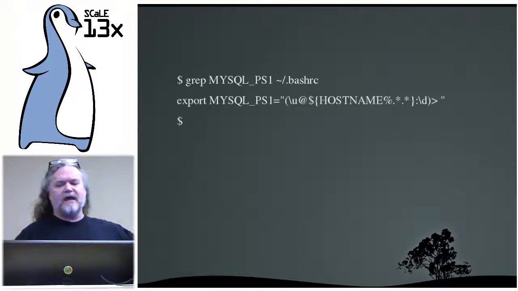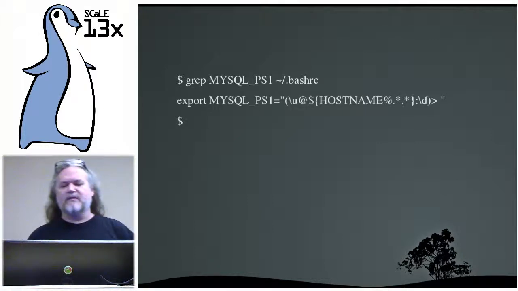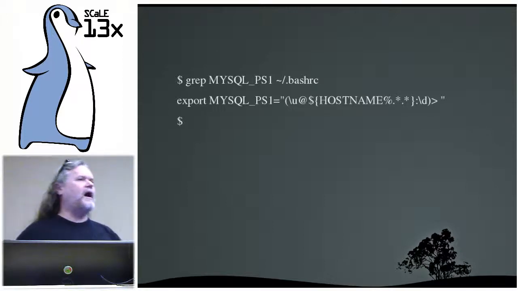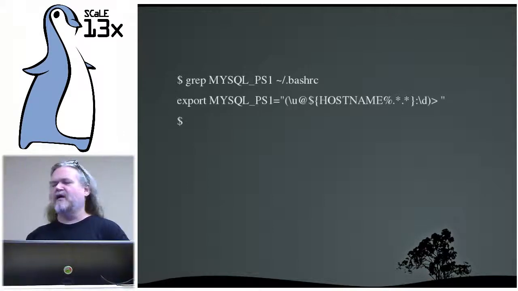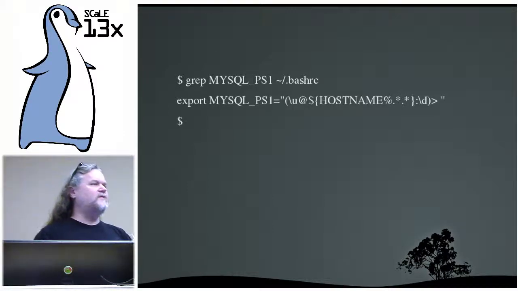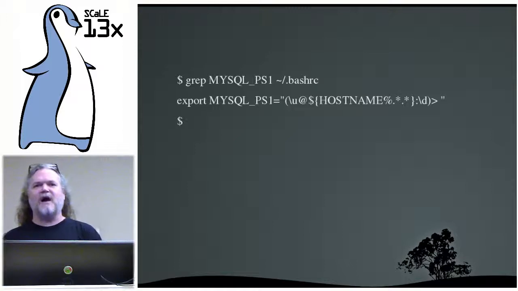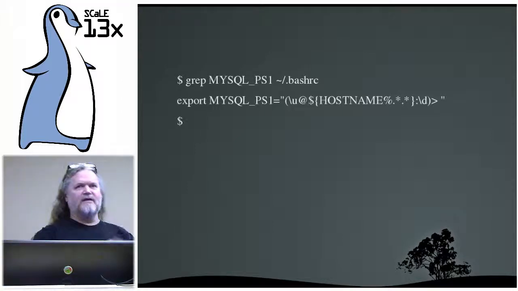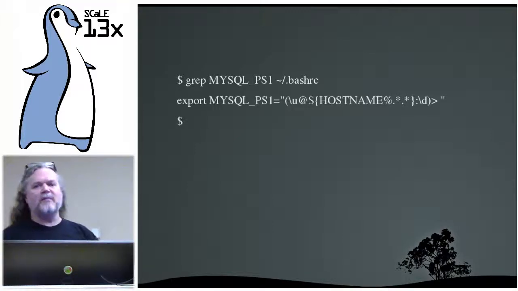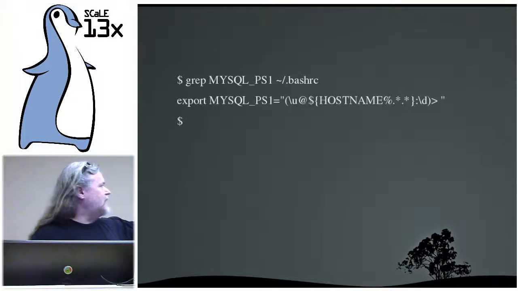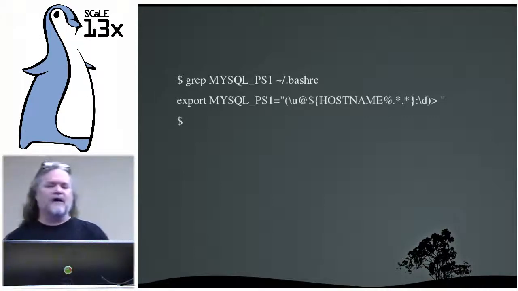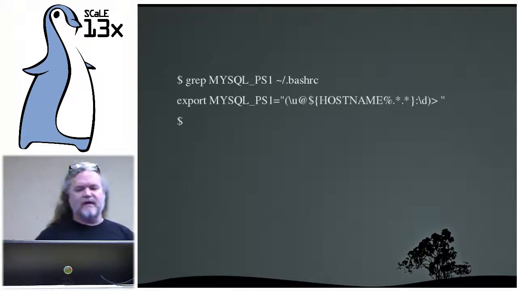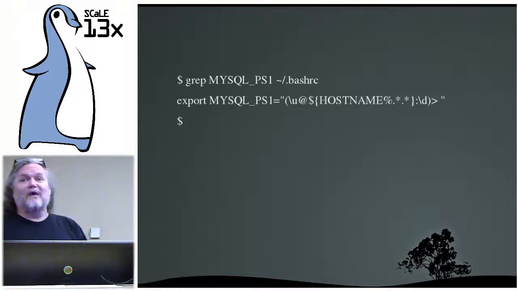So \U is the user, and an @ because we're all familiar with that, and then the host name. Where I work, we have, not so much on our MySQL boxes but on other machines, a lot of machines that have the same names and just different pops. So I need to drop off the companyname.com but leave the pop in place, and that's what the host name %.*.* is doing, saying just drop the company.com off there and leave the pop, so I can know where in the world I'm talking to.